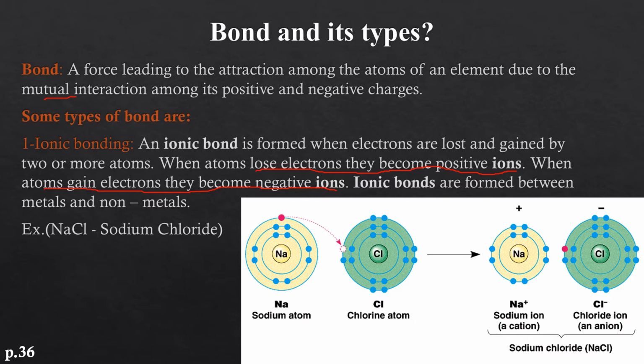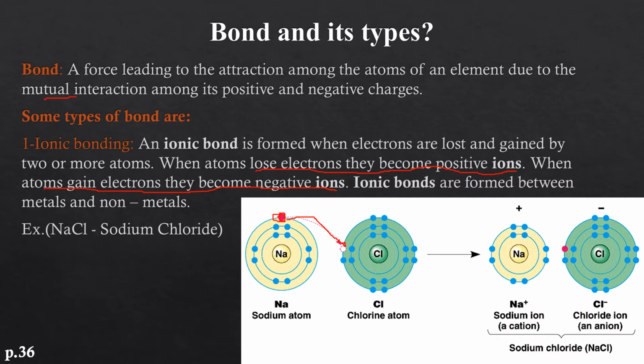Here is the picture of NaCl, which is sodium chloride. The sodium atom has one electron in its outer shell, so it will give it to the chlorine atom.